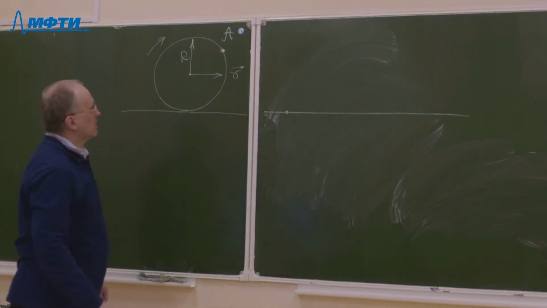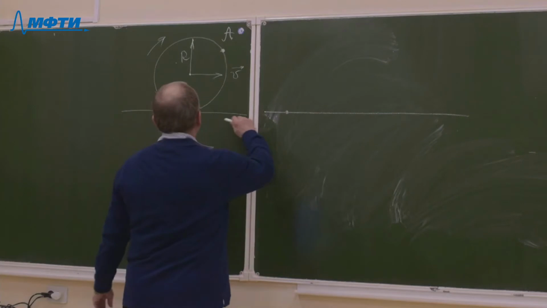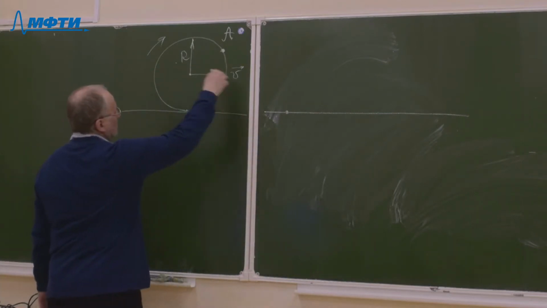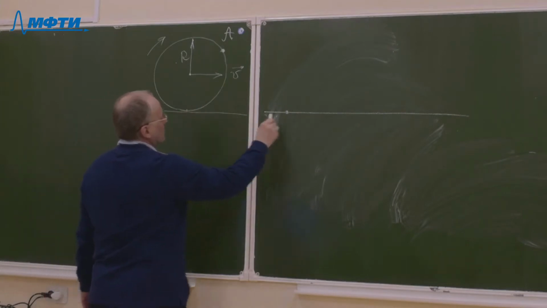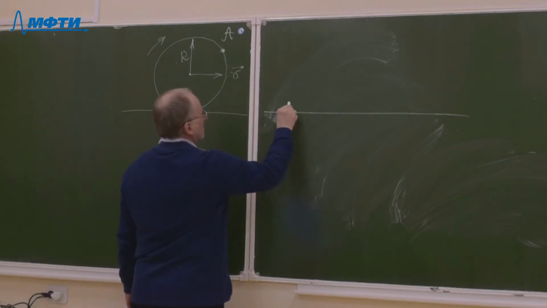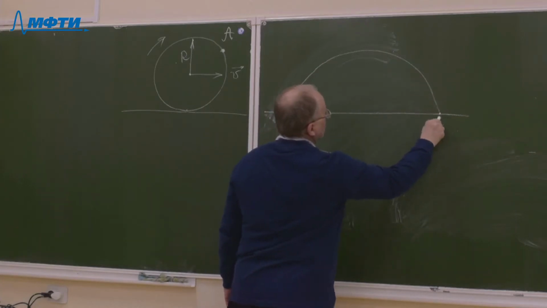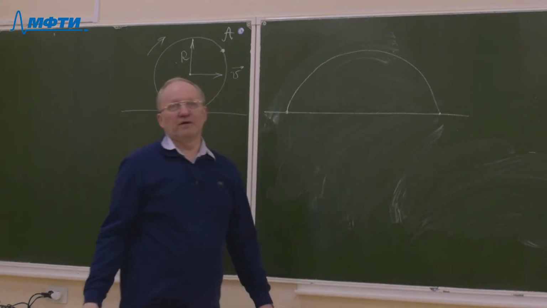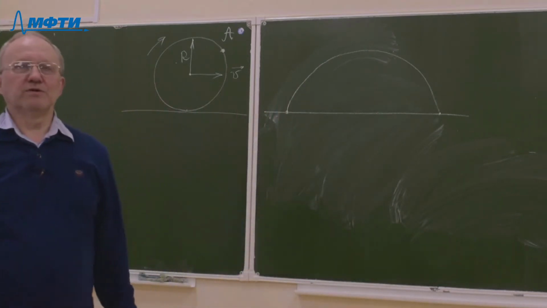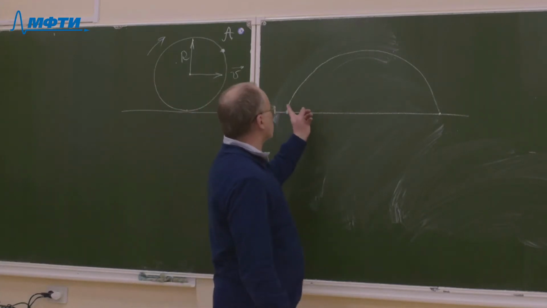So we start observing point A from this moment, and then as the wheel rolls forth, point A will go somewhat up the road, and then it will go along such a trajectory, and then it will touch the road again when the wheel will perform the total turn by 360 degrees.